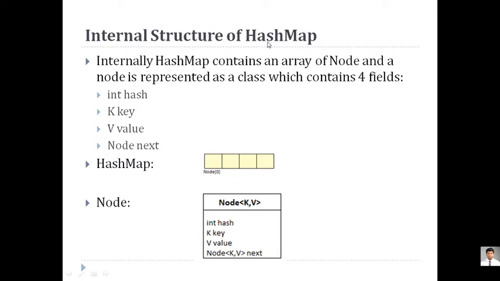This is a singly linked list: one node contains a reference to another node, which contains a reference to another node. So a whole node will contain four pieces of information: the hash count, a key, the value, and the reference to the next node. It will be represented diagrammatically like this. When we want to display it in a class-like structure, the name is a Node that contains key and value, and these are the four basic fields required for creating this HashMap.